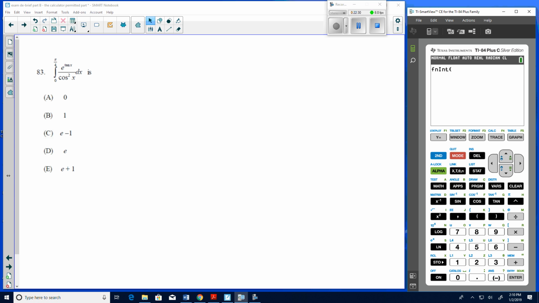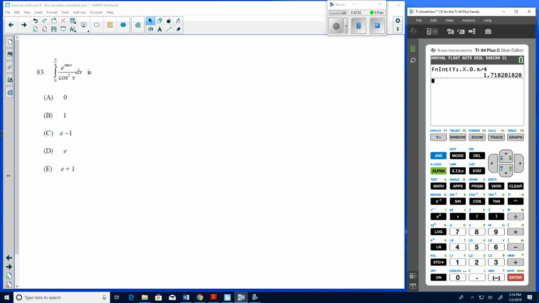Okay, so my function I just called y1. The variable I'm using is x. Lower bound is 0, and upper bound is pi by 4. Bang. 1.71. That's not one of my choices.